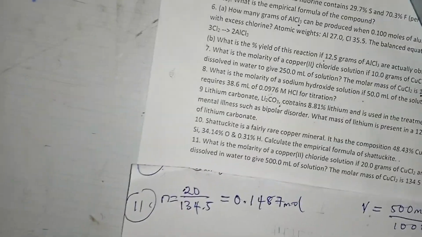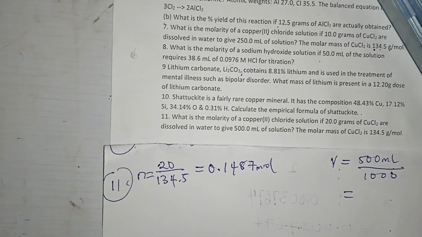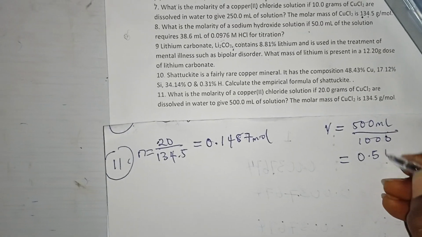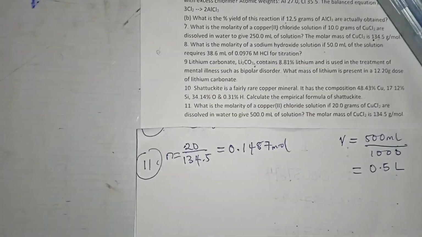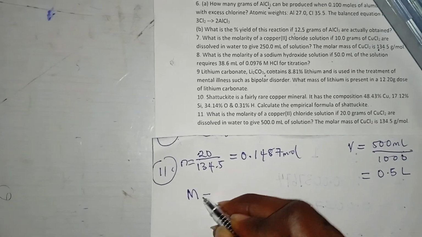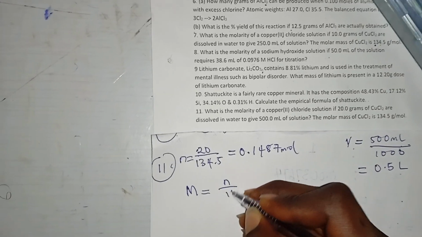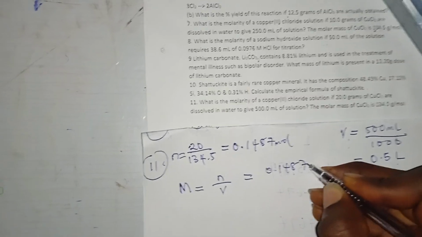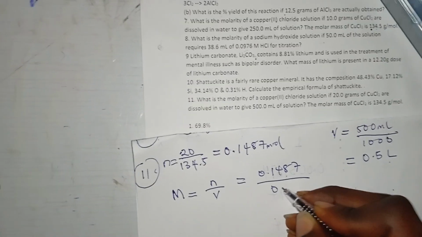So 500 divided by 1000, I have 0.5 liter. To get the molarity now, molarity is going to be mole over volume, so 0.1487 divided by 0.5.